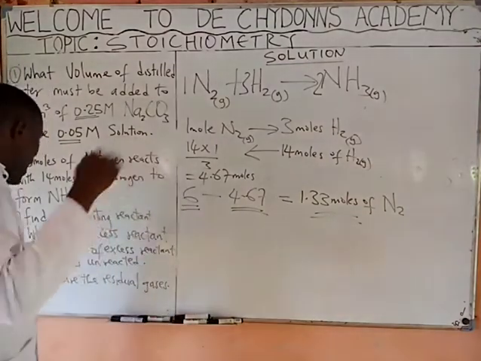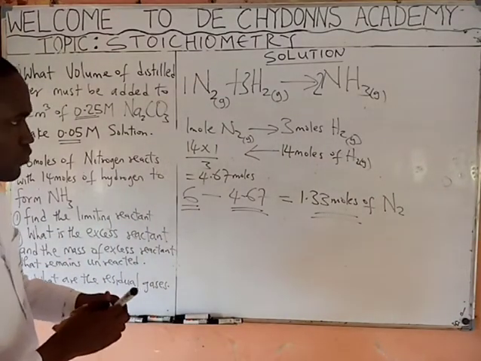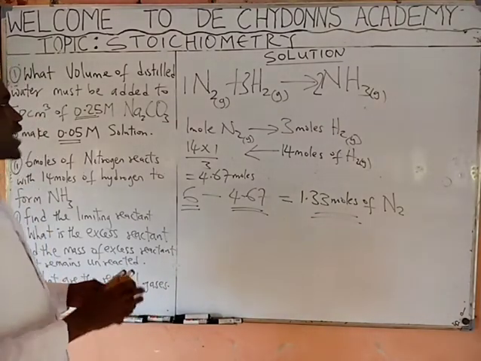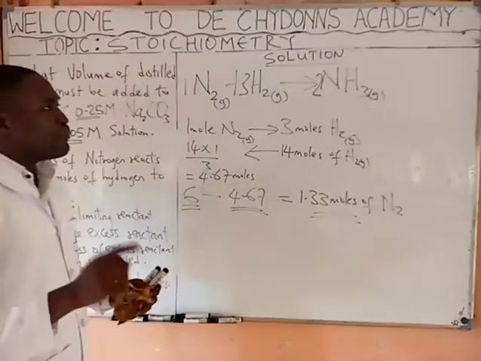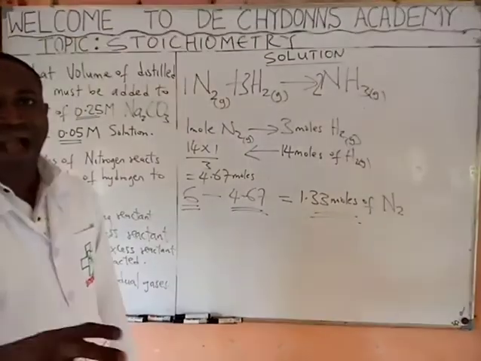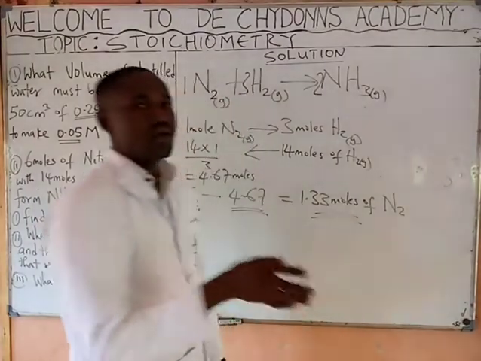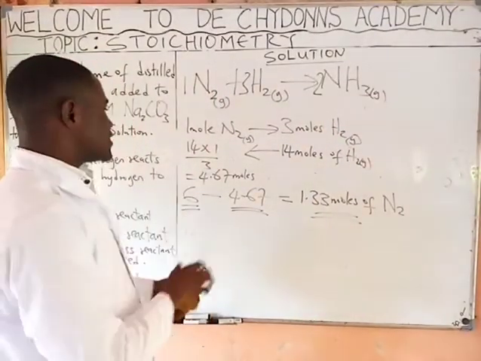Okay? Then we now go to what are the residual gases. For us to get our residual gases will be the amount of that excess reactant plus the amount of the product we have. That will be our residual gases. Now let's see how we get it.